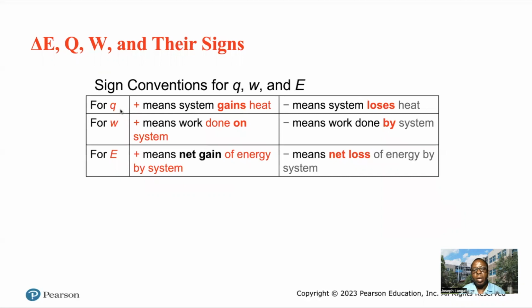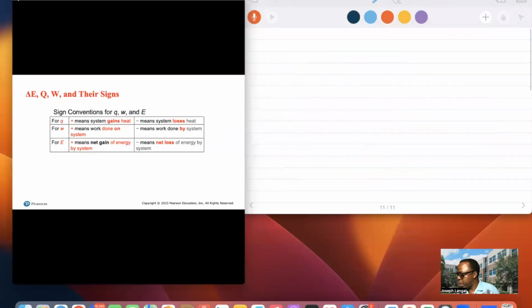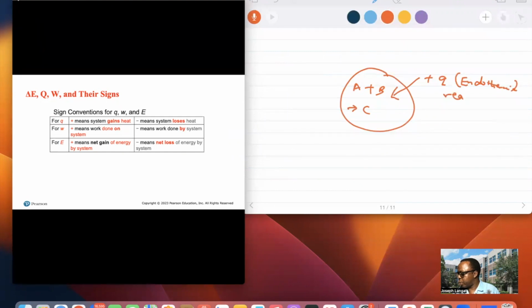When we say Q is positive, that means the system is gaining heat. If this is the system right here, A plus B going to C, this is positive Q, and it is an endothermic reaction.